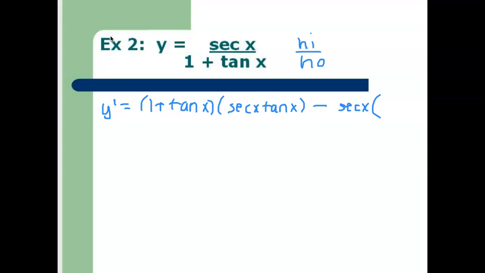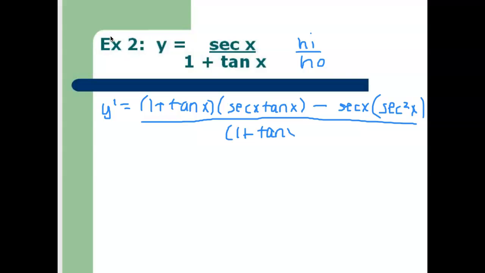Derivative of 1 is 0. Derivative of tan is secant squared. All over the denominator squared. To clean it up algebraically, you could distribute the secant x tan x to 1 and tan.